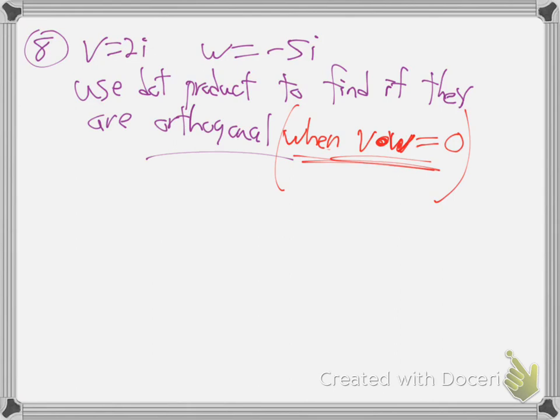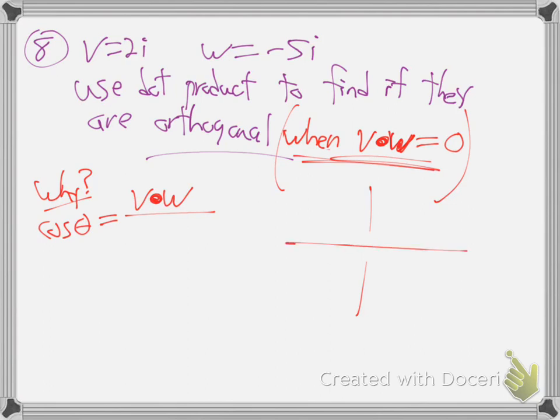And that's because, remember we had that formula with the cosine of the angle? You don't need this, but here's the why. If you have two vectors, a vector like this and a vector like that, call them V and W, the angle between them is theta.